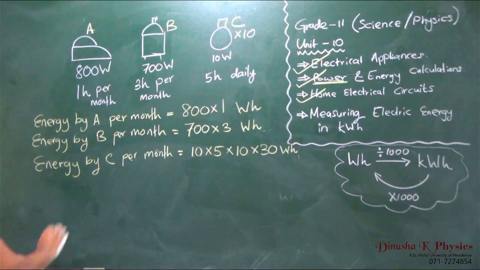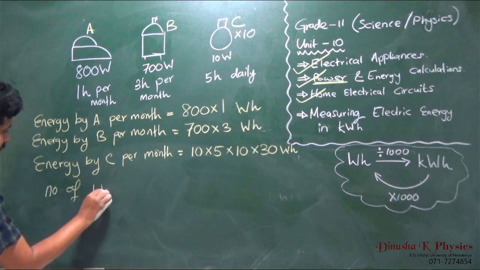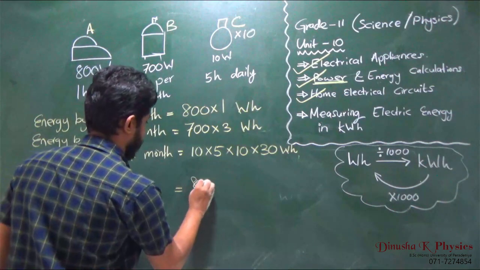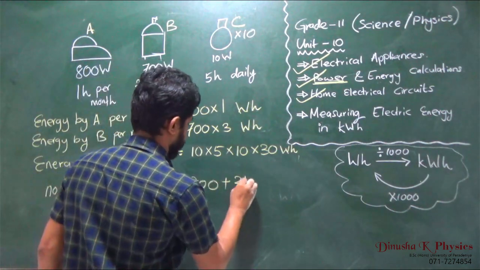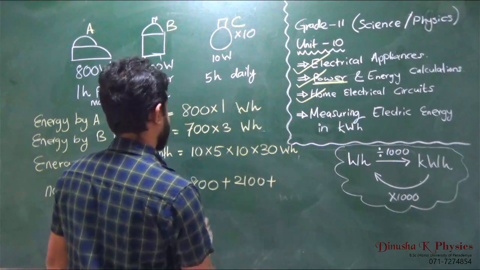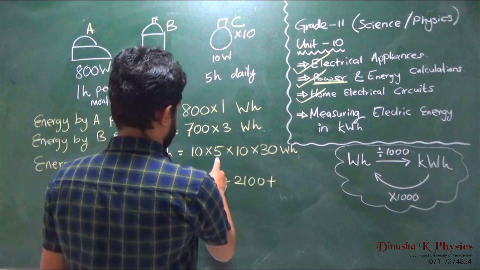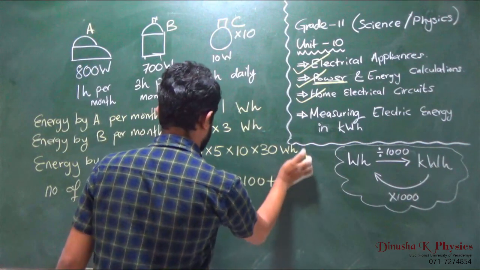So the number of kilowatt hours will be equal to 800 plus 2100 plus, how about this value? 5 times 3 is 30. No, sorry, 5 times 3 is 15.